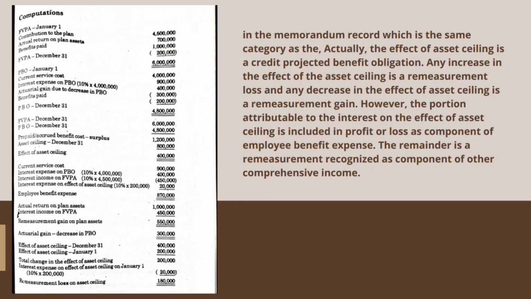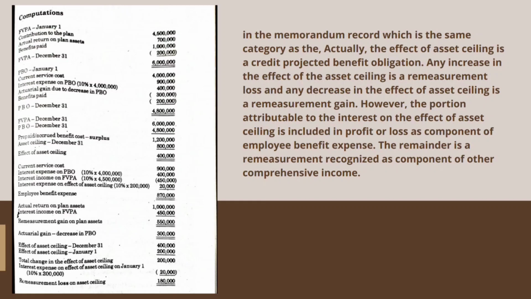So PBO on January 1 is 4 million. The current service cost is 900,000. Interest expense on PBO, 10% multiplied by 4 million, will get 400,000. Actual gain due to decrease in PBO is 300,000.